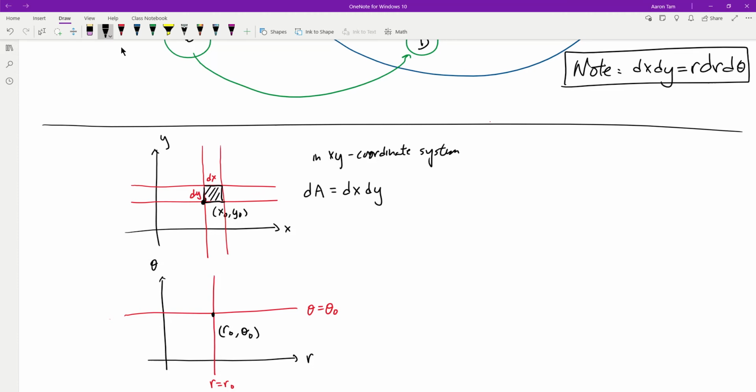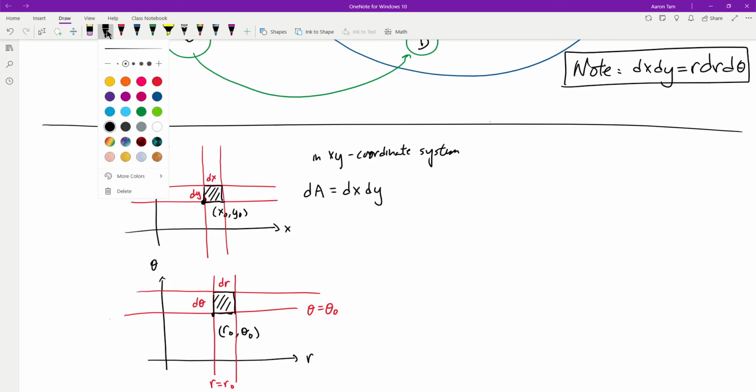If I change r and theta slightly, same thing happens. Here's my dr, here's my d theta. It forms this nice coordinate rectangle, and therefore I can say that dA will equal dr times d theta. So what's the problem? The problem is the following.